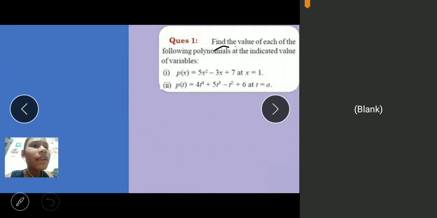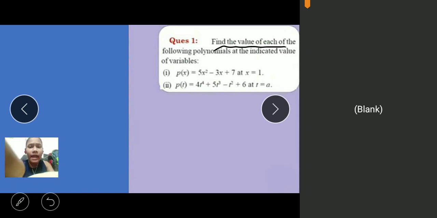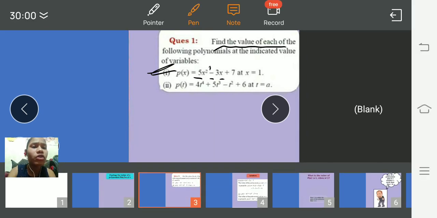See this: find the value of each of the following polynomials at the indicated value of the variables. In the first one, p(x) is equal to 5x square minus 3x plus 7 at x is equal to 1.